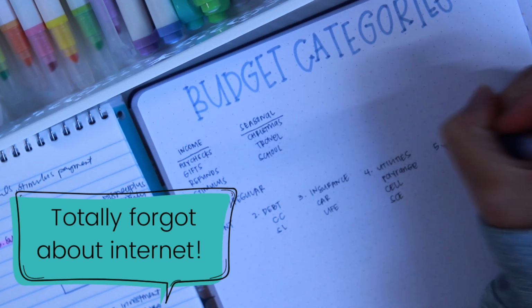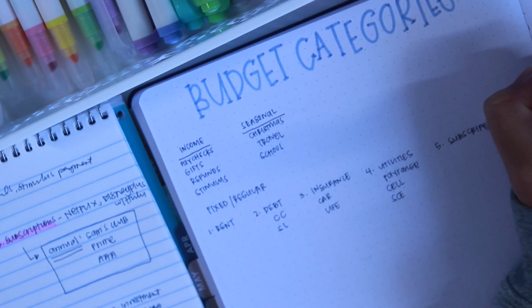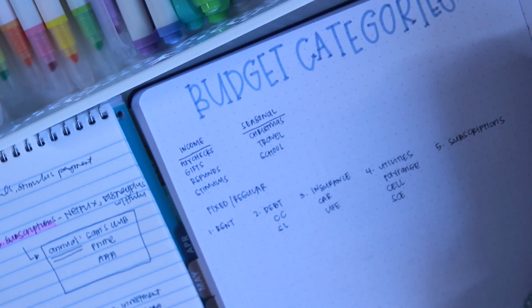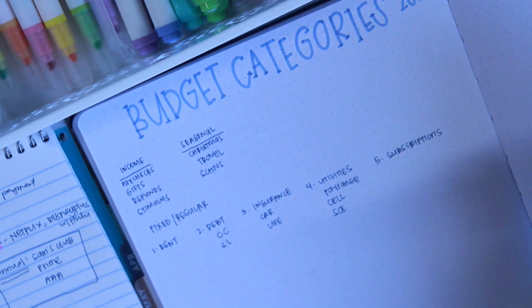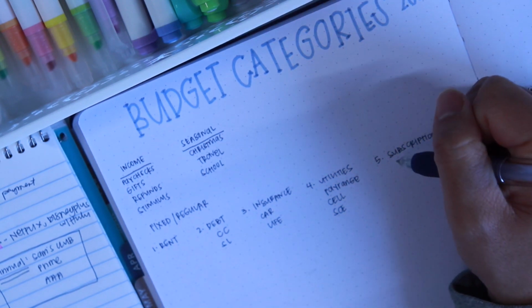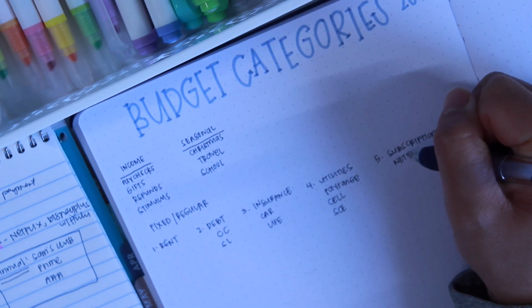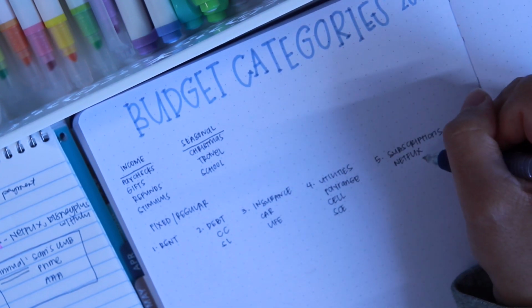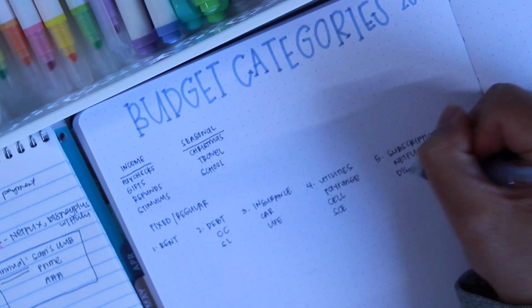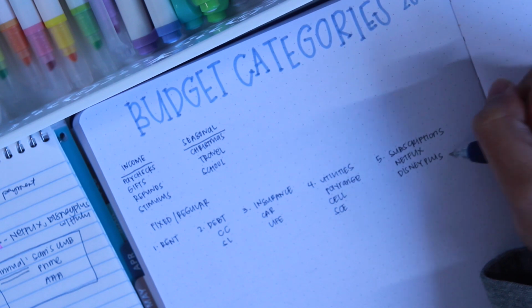And then number 5 is our subscriptions. We did decide to add a Netflix account, and I didn't realize how much it was. The very first time we ever had Netflix, years ago, it was $7.99, and now it's $17.99 for the highest tier. So we have Netflix, and we have Disney Plus with the Hulu ESPN bundle.